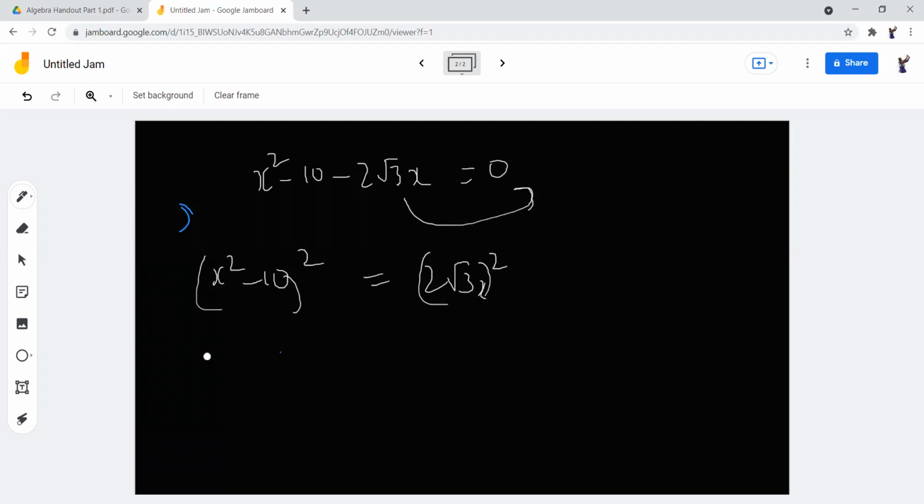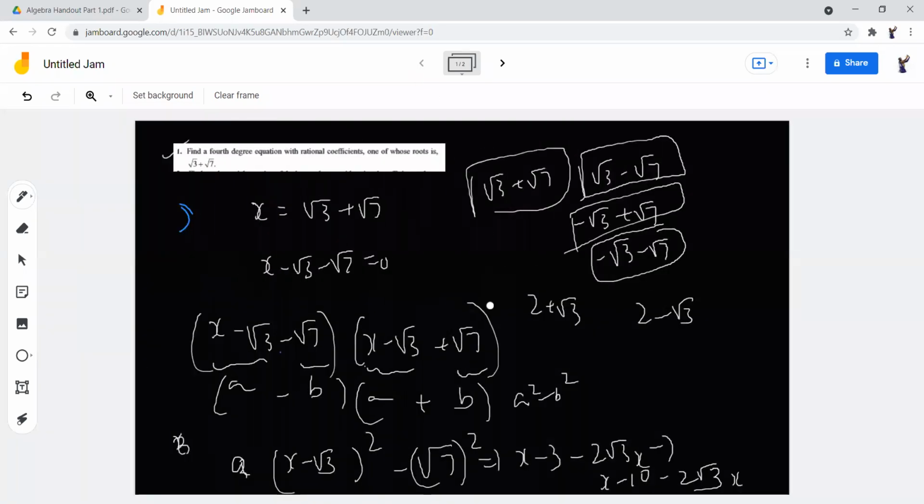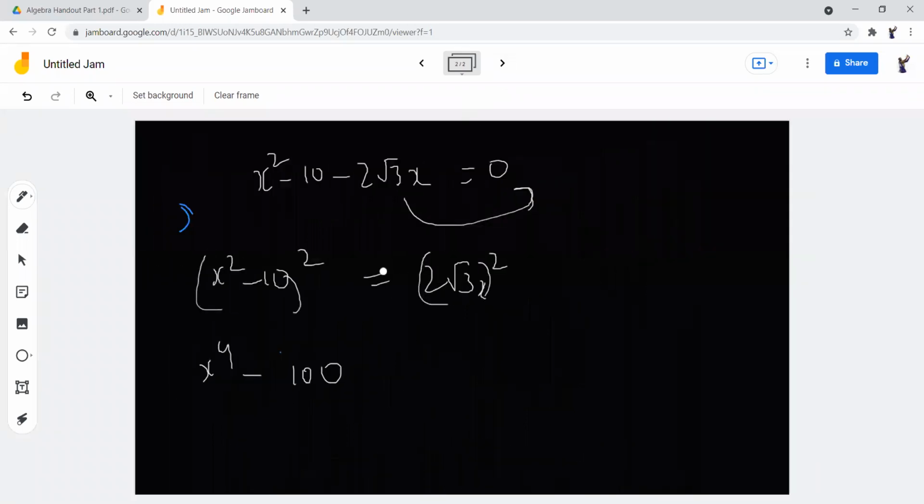So what I get is x power 4 minus 100, sorry, one second guys. Have I made any mistake here? Okay, fine. x power 4 plus 100 minus 2x square into 10 equals to, so this is minus 20x square.